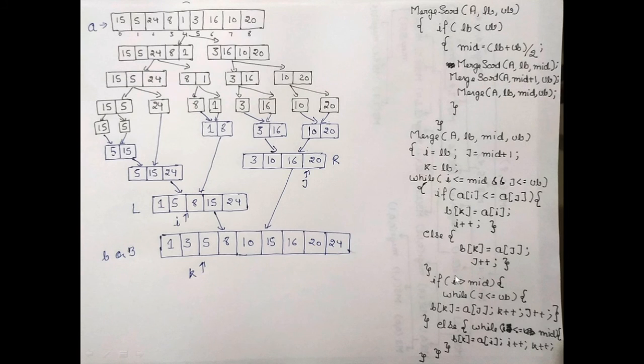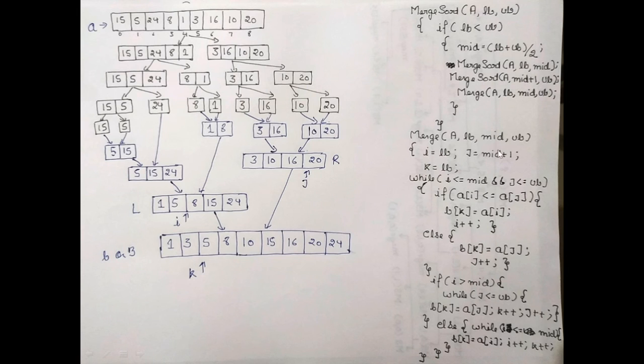Also, you can see here that I have forgotten that after every if and else block, there must be a k plus plus. I have not written it, but you must do it. The last instruction of this while loop must be k plus plus. So we have moved from this element to this element.